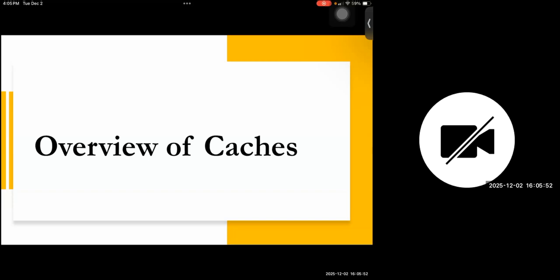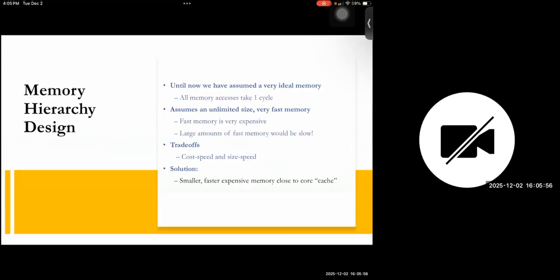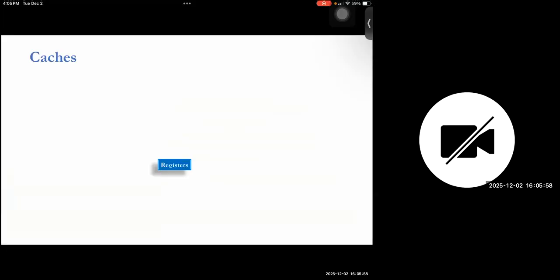If you look at this case, the motivation is designing a small-sized memory and accessing the data from it, which we call caches. So in computer architecture, almost everything is a cache.